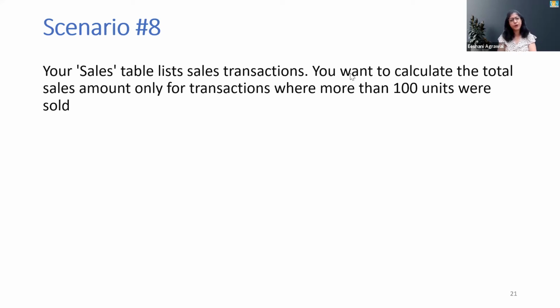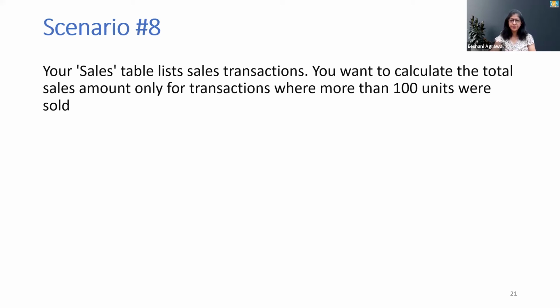Not use IF over here because I am asking to find the total sales amount. In the previous question it was okay because I asked for a column. Over here I'm asking for the total sales amount. So CALCULATE, very good. In CALCULATE we can do sum of sales amount, and as a condition inside CALCULATE we can put units greater than 100.